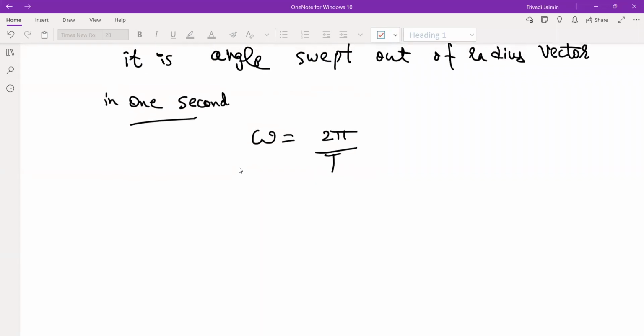If I write this one more step, this I directly wrote, still I can give one more step, that is theta by t. Here theta is 2 pi radians. Okay, this is in radians.